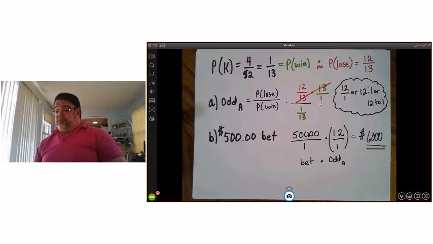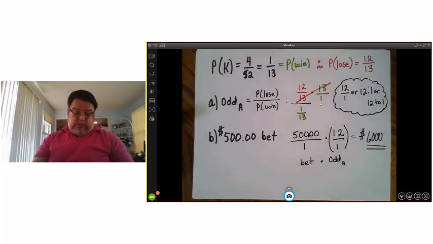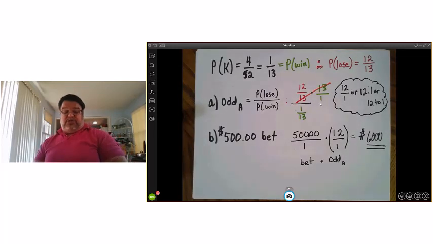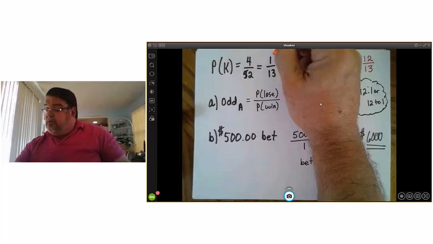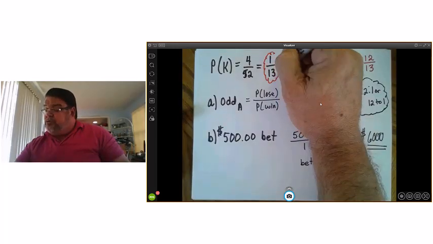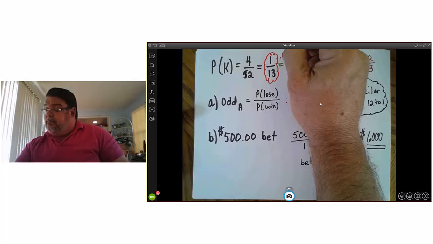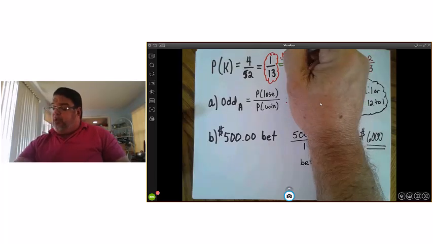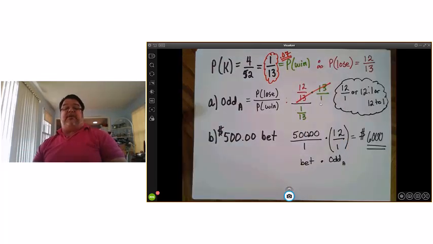Now, I want to go up here and write down 1 over 13. It's 0.07. What do you think about 0.07? Is that a very low probability or a very high probability? What do you think?